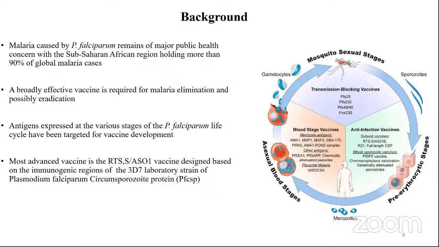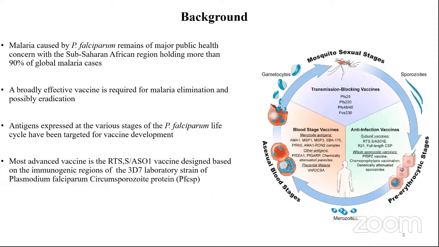Over the years, antigens expressed at the various stages of the P. falciparum life cycle have been targeted for vaccine development. In the P. falciparum life cycle, when a mosquito takes a blood meal, it injects what we call sporozoites into the bloodstream. These sporozoites move from the bloodstream and infect the liver cells.